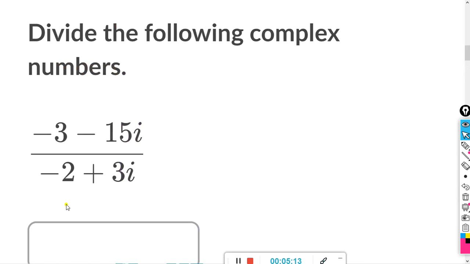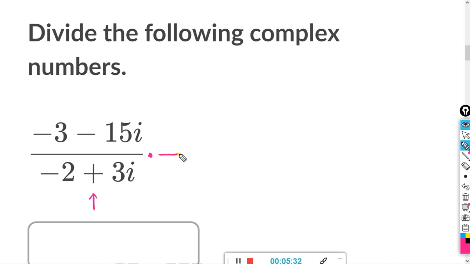All right, so this will basically be the same thing each time. Just take the denominator here, change the plus minus sign of the sign that's in between the imaginary and real numbers.